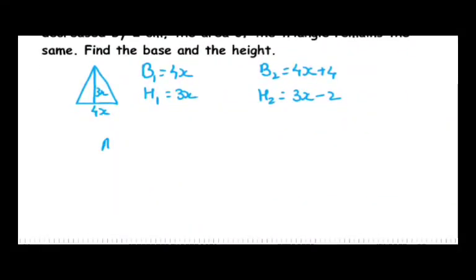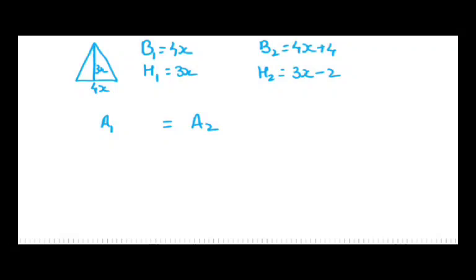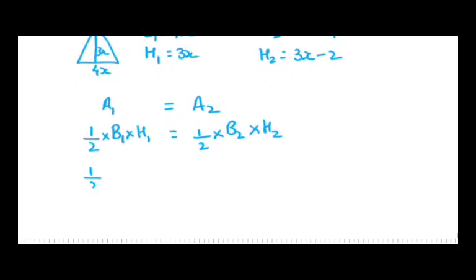Alright, so area 1 is going to be equal to area 2. What is the formula for a triangle? It's half into base 1 into height 1 is equal to half into base 2 into height 2. Correct?